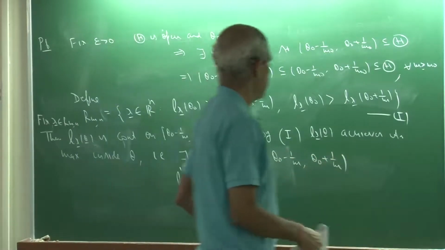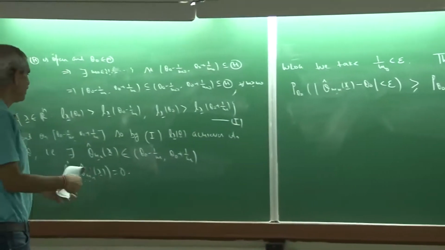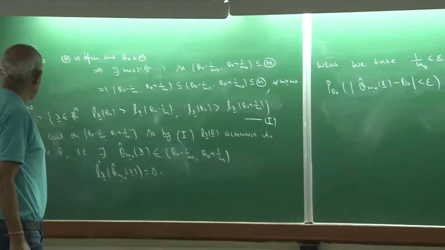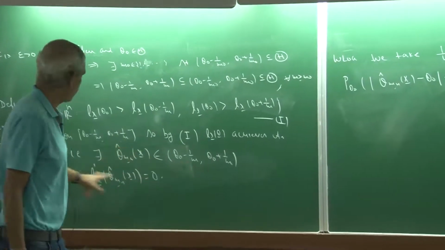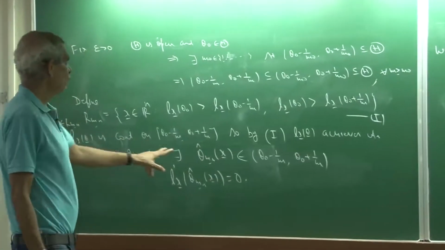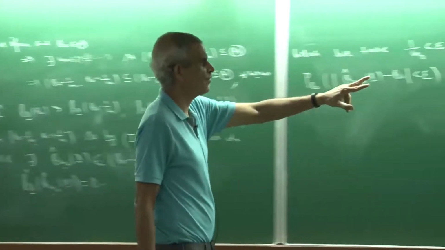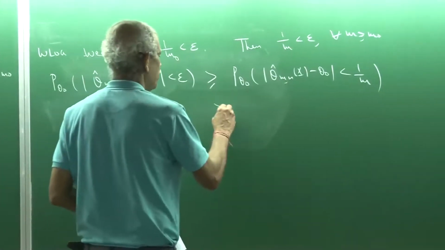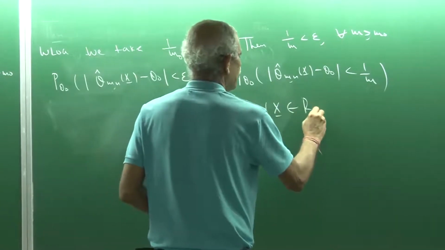So that means this probability, that the distance is less than epsilon, would always be greater than or equal to, because x belongs to Rmn implies this. So the probability that x belongs to Rmn would be less than or equal to the probability of this. In other words, the probability of this would always be greater than or equal to P theta naught of x belongs to Rmn.